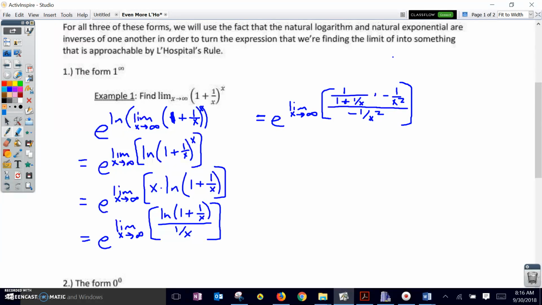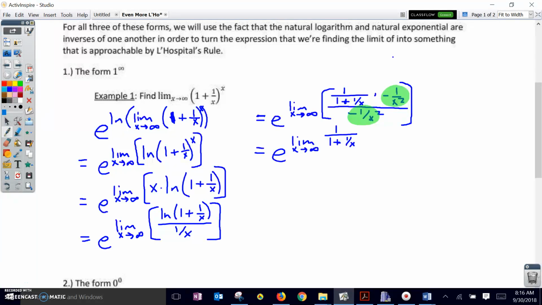And now, these negative 1 over x squareds I can cancel out and simplify what's inside that limit. And that turns into e to the limit as x goes to infinity of 1 over 1 plus 1 over x.